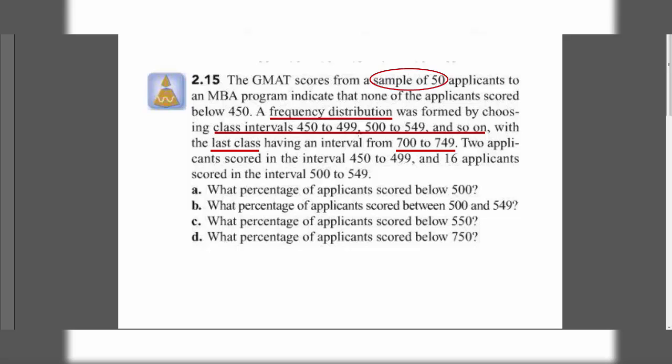A frequency distribution helps us to visually display and organize the frequencies or the counts. Frequency distributions are typically represented by a table or a graph. We will make a table for this problem. Later on, we will make a graph for other types of problems. Frequency distributions can be used for categorical variables or numerical variables.